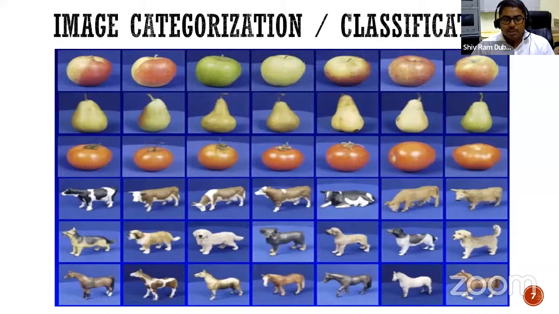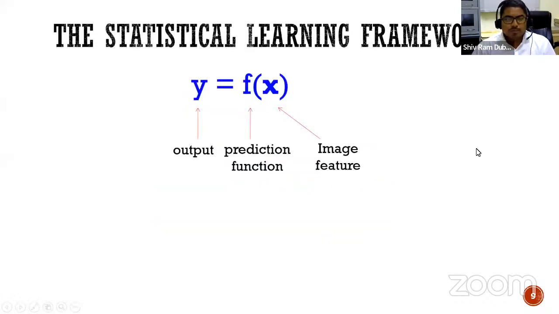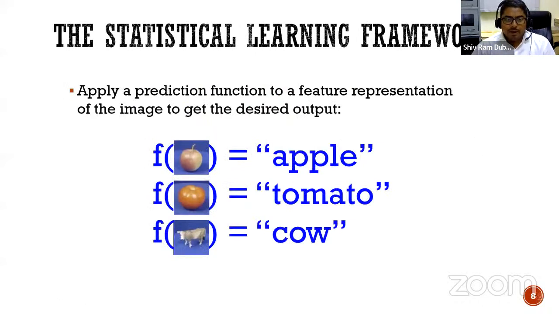When we get a new sample from these categories, we want to test how well the trained model performs on it. Training means we want to find a function such that if we provide any sample as input, the function returns the class label. That is the very basic understanding of classification.